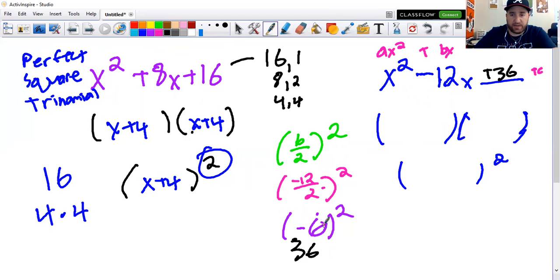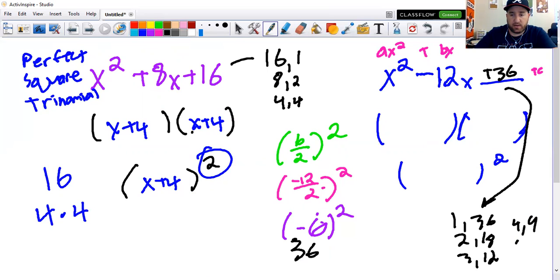And when you have to do this on your own, you can still, I'll just put it down here real quick. You say, what can I multiply to get 36? 1 and 36, 2 and 18, 3 and 12, 4 and 9, 6 and 6. And ask yourself, what can I use to get negative 12? Which would be 6 and 6.